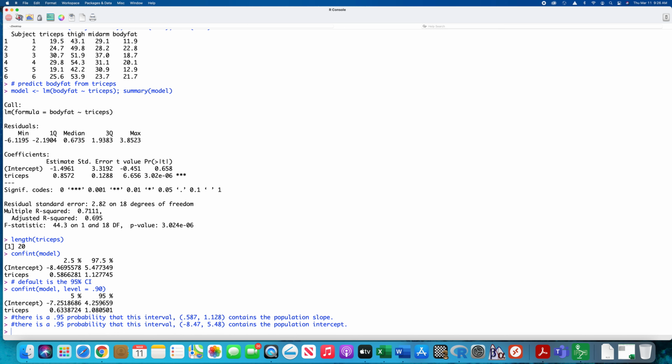Now, one thing to notice is that this interval contains 0. When the interval contains 0, we can't distinguish between the population intercept being 0 and not 0. So in that case, we will never have statistical significance if this interval contains 0. Same thing with the population slope.